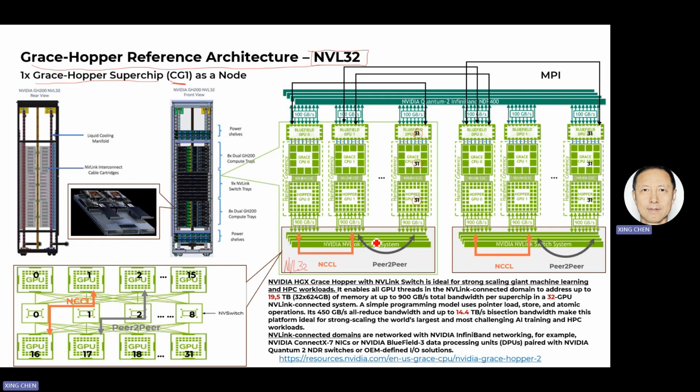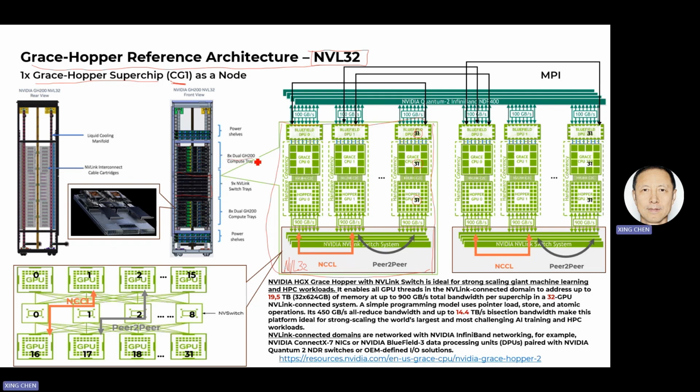Why we have this NVL32 domain is very simple, because all these 32 nodes plus the NVLink network, everything here could fit into a rack. And this is the rack. This is the front view. We have 9 NVLink switches here.